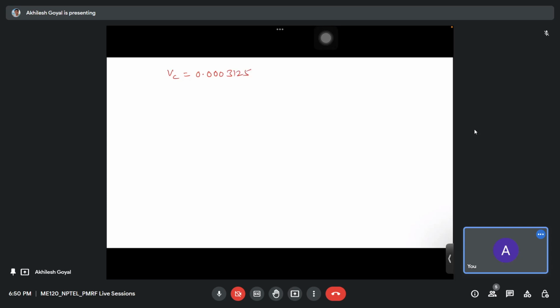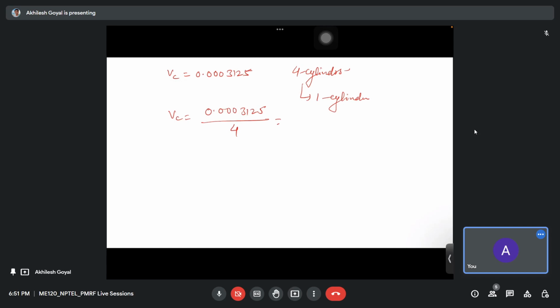So Vc is equal to 0.0003125, but this value is for four cylinders. So for a single cylinder, Vc is given as 0.0003125 by 4.